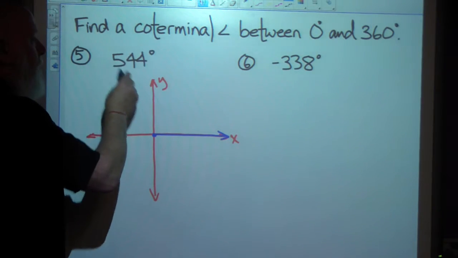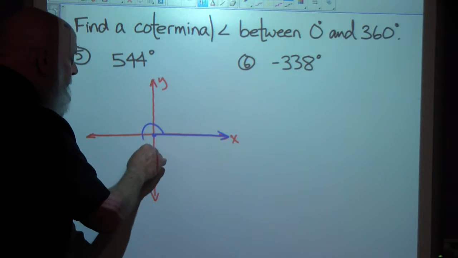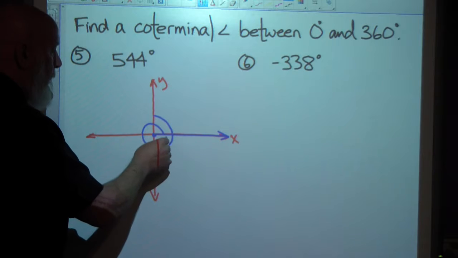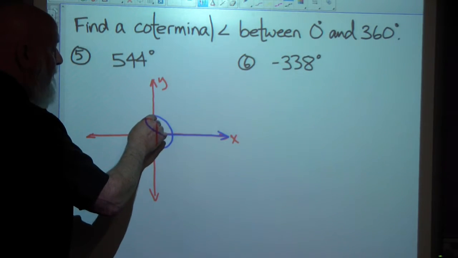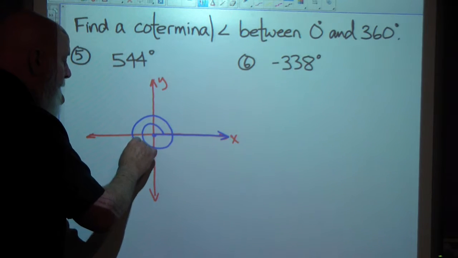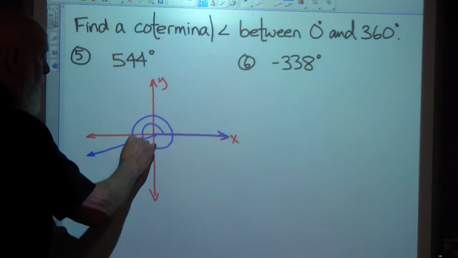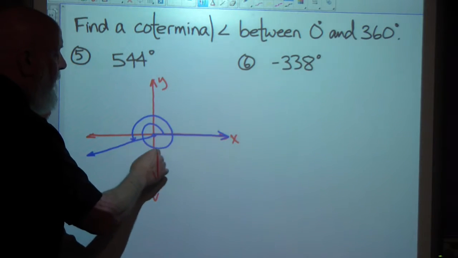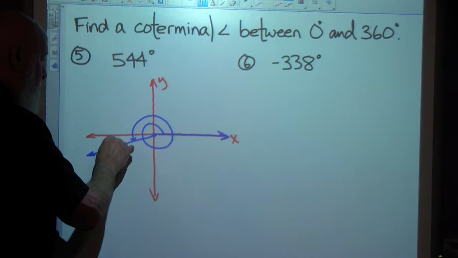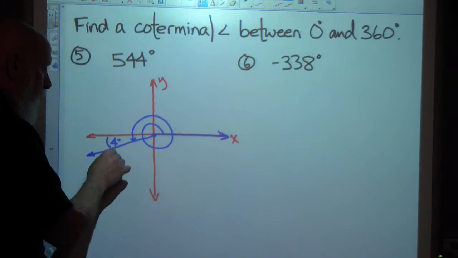We're going to rotate positive 544 degrees, so here's 360. Here's 540, right? Wait a minute, 360, 450, here's 540. And then I'd go another 4 degrees if I'm thinking correctly. So this would be a 4-degree angle right here. This little angle formed right there.